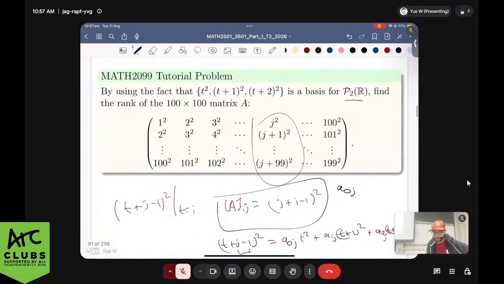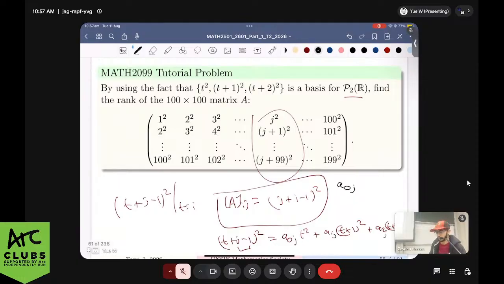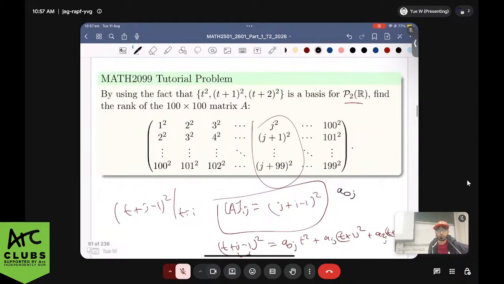Now, how is this going to help us find the rank? One way to find the rank is to think about a small case like a rank 1 matrix. If the rank is 1, that means all the columns are a multiple of some fixed vector. So imagine all the columns were a multiple of the vector (1, 0, 0, 0), whatever. Then the rank would be 1.